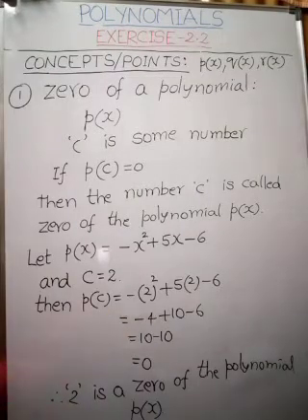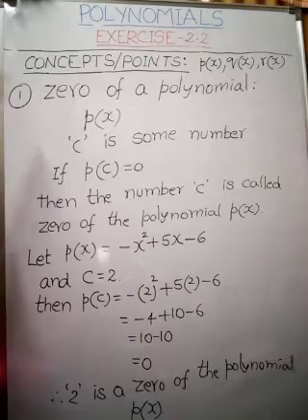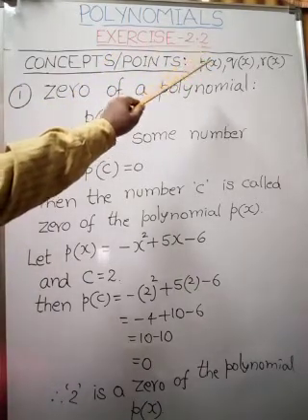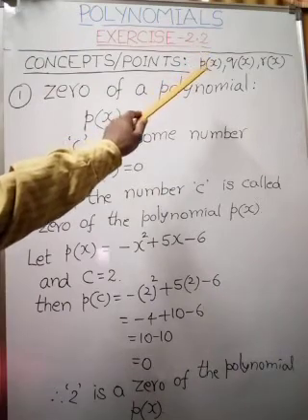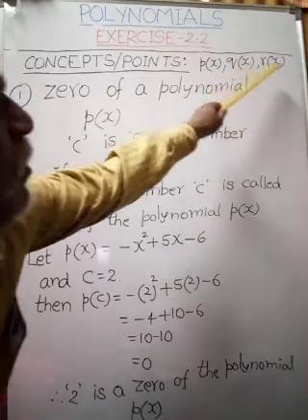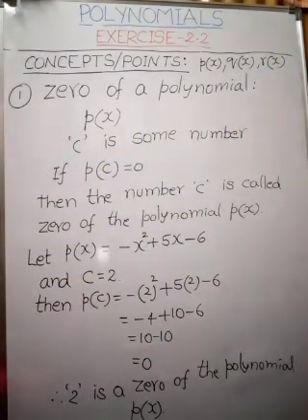Now come to the first point. Before this point, in general, throughout this chapter, P of x, Q of x, R of x are the notations to denote a polynomial.